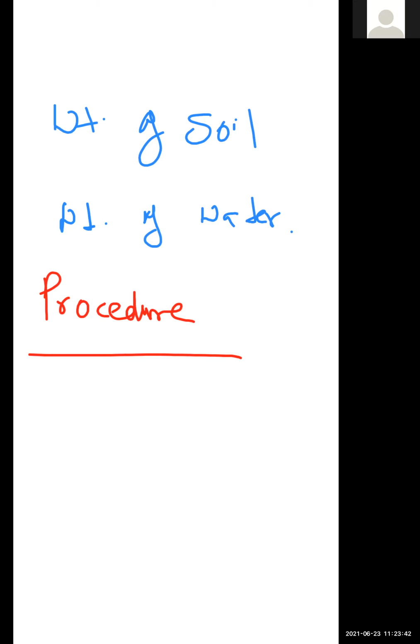Then assemble the consolidometer with the soil specimen and porous stone at top and bottom of the specimen, providing a filter paper between the soil specimen and porous stone. Position the pressure pad centrally on the top porous stone.